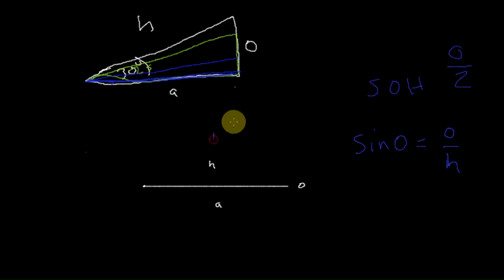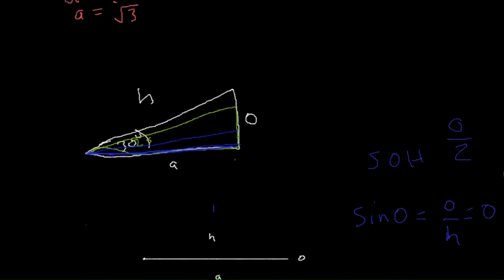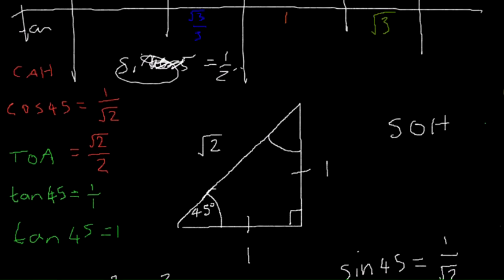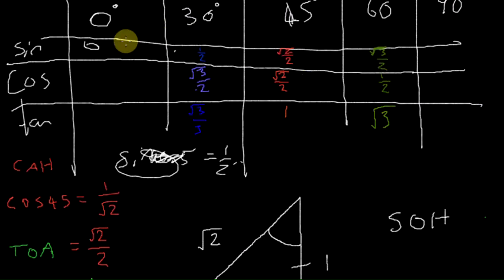It doesn't matter. 0 divided by 100 million, billion, zillion equals 0. And that's why sine of 0 is 0. So if you want to fill that in, there you go, 0.